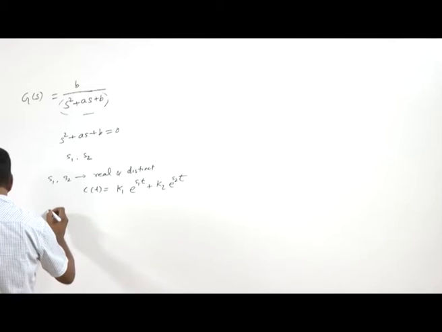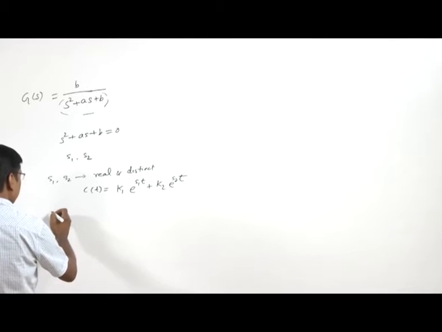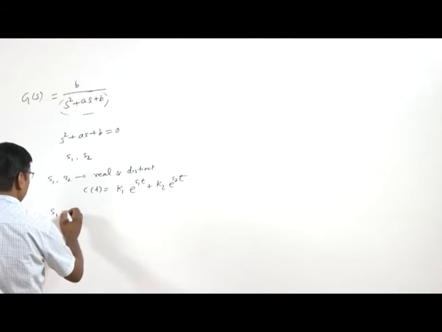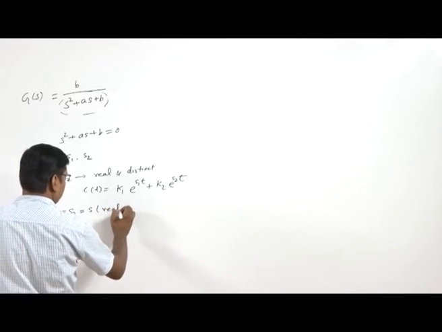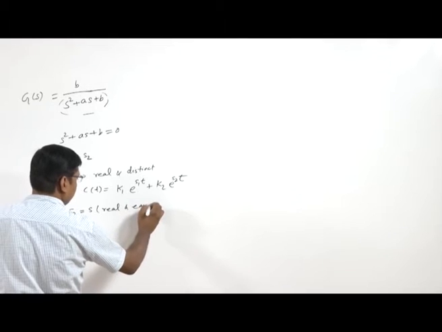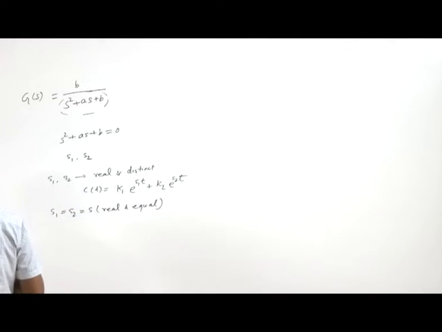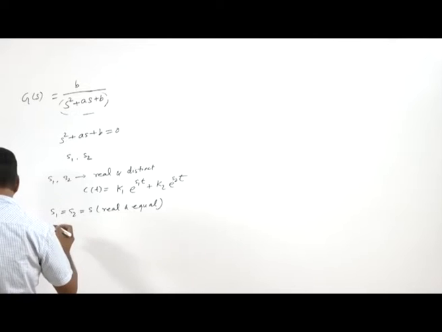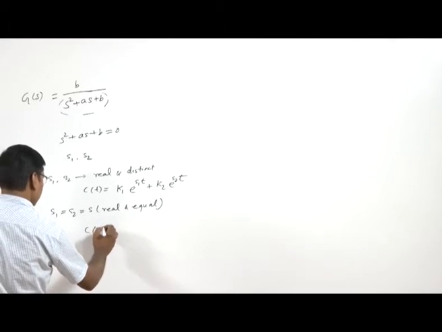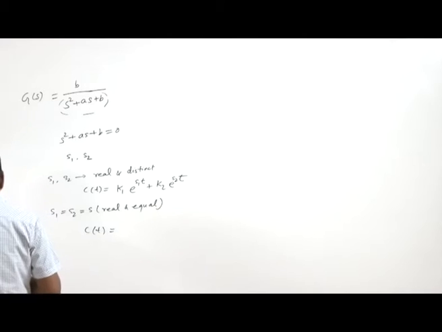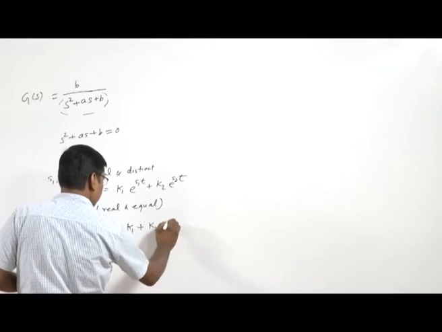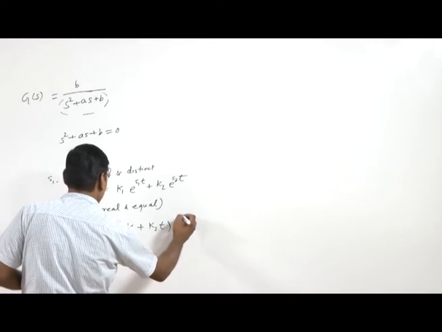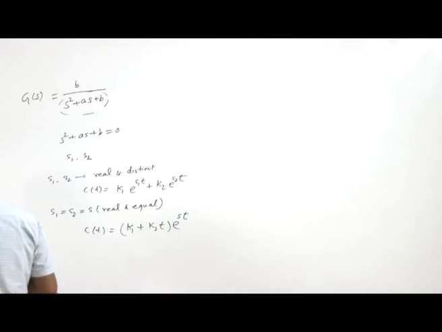If they are real and equal, so s1 equal to s2 equal to s, we will have c(t) equal to (k1 plus k2 t) e power s t.